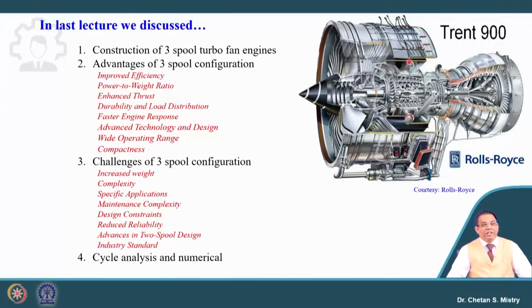But universally, if things are accepted with the 2-spool configuration, then people are a little hesitant to move towards the 3-spool configuration. But over the years, the trend has changed. Now people are more comfortable moving towards the 3-spool configuration also. Rolls-Royce is the only company making 3-spool configuration engines.